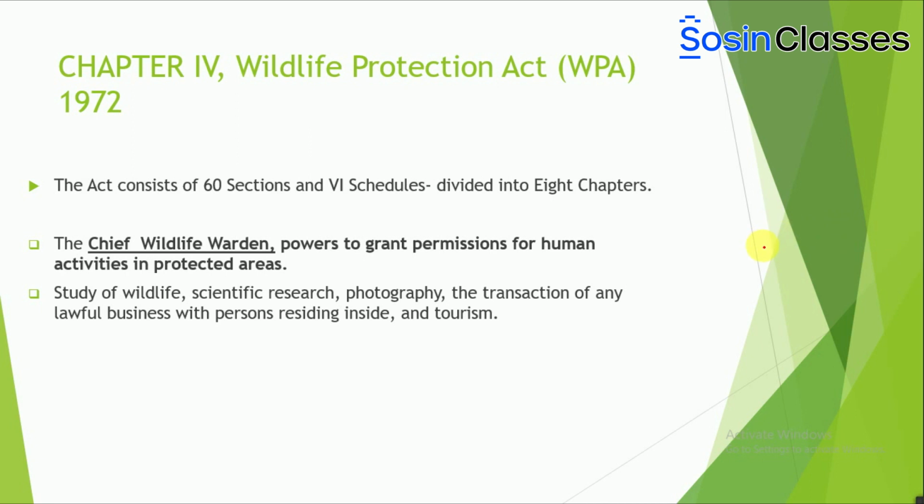Chapter 4 of the Wildlife Protection Act. We have given Chapter 4 exclusively because it plays an important role in declaring and functioning of the protected areas. Firstly, the Wildlife Protection Act consists of 60 sections and 6 schedules, which are divided into 8 chapters.